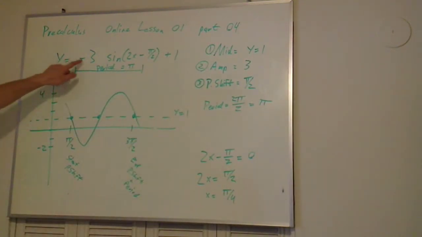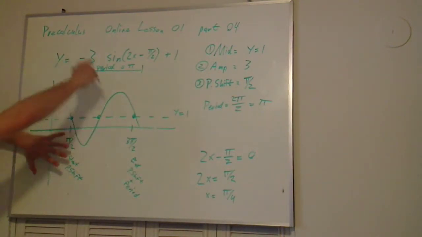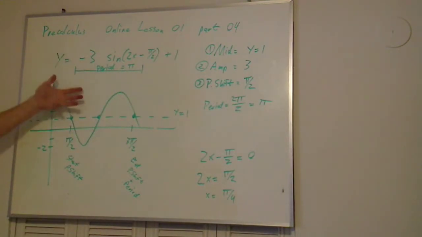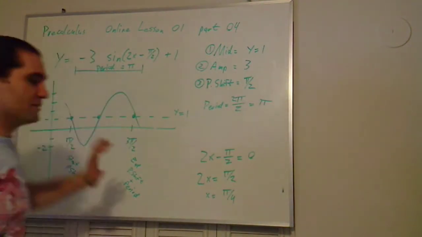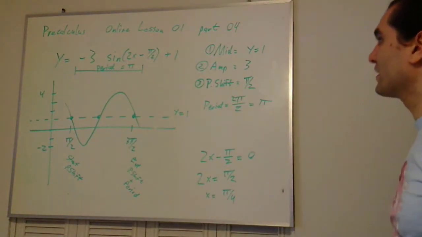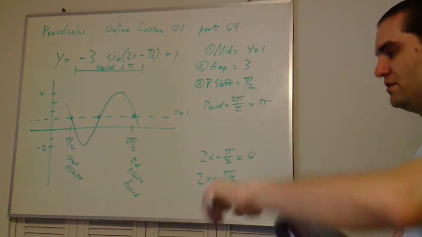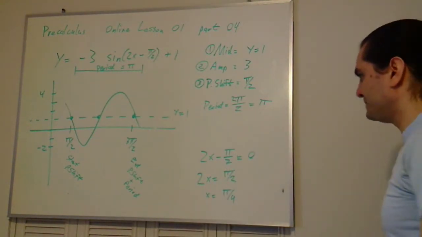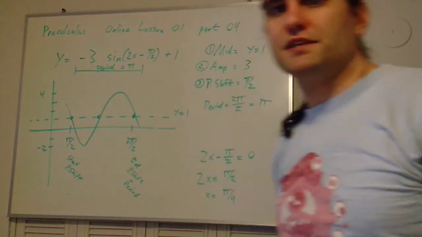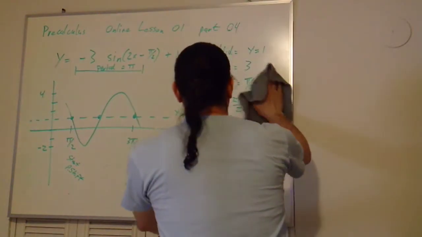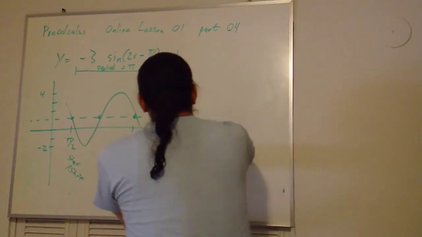So now I just need to think about, I have sort of the bounds on my y-axis. It's going to go between 0 and negative 4. I have sort of the bounds on my x-axis. It's going to go from negative pi over 3 to pi over 3. So the sort of box that I'm working in is defined. Now I just need to figure out where it starts, ends, and middles.